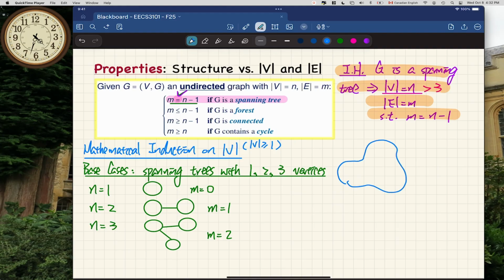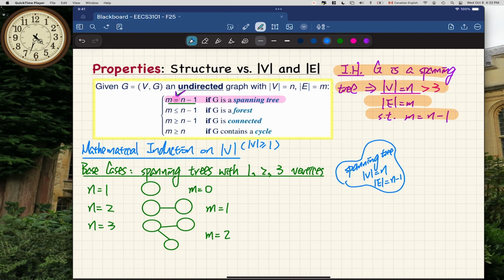So this is a spanning tree, where we got number of vertices equal to n, number of edges equal to m, and I know that it's going to be exactly equal to n minus 1. Okay, I will just write that. n minus 1. Like that. So this is, of course, based on our inductive hypothesis. That's something I know pretty well.